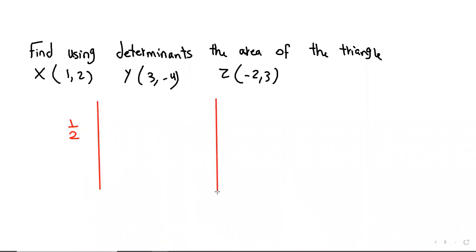A determinant of order 3 by 3. Here X is 1 and 2, we write here 1 and 2. Y is 3 and negative 4. Write them in order. Z is negative 2 and 3. So I wrote all X coordinates here and all Y coordinates here.